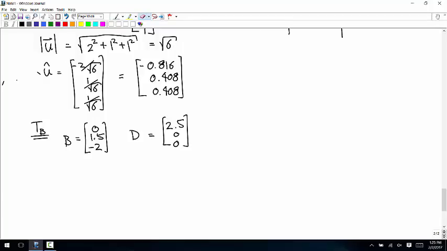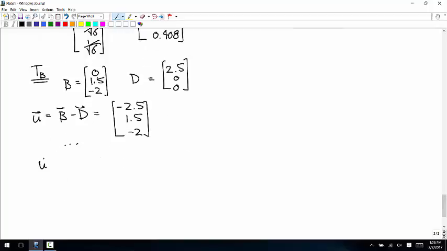So the vector that's in the right direction is B minus D. So that's negative 2.5, 1.5, negative 2. And go through the same steps to get the unit vector.